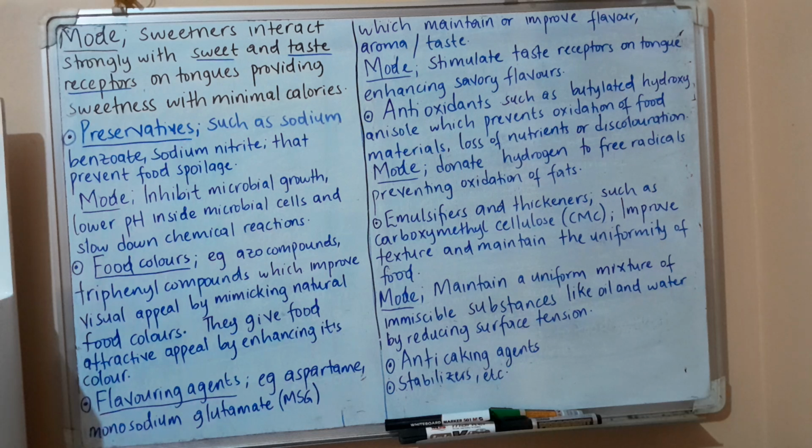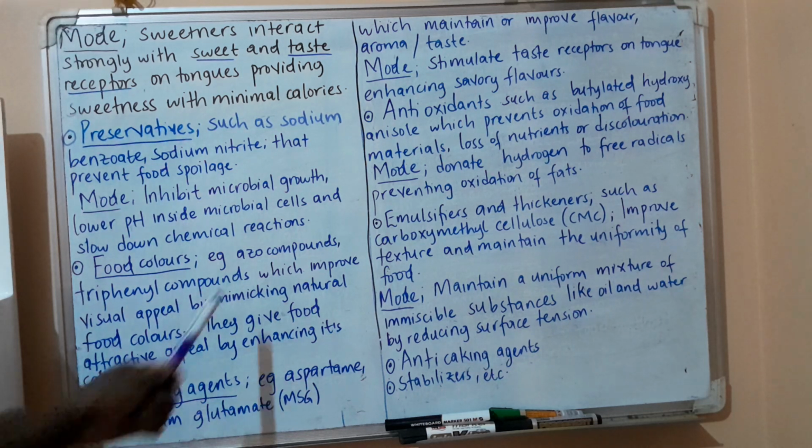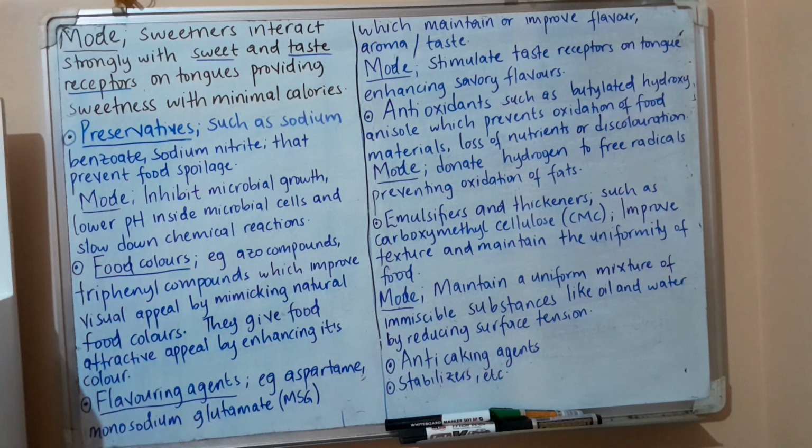Then we also have artificial colorants, commonly known as food colors. These are triphenyl compounds or azo compounds, which are organic compounds. It's the same purpose as we saw for natural food additives. Their role is to give food attractive appeal. They improve visual appeal by mimicking natural flavor.